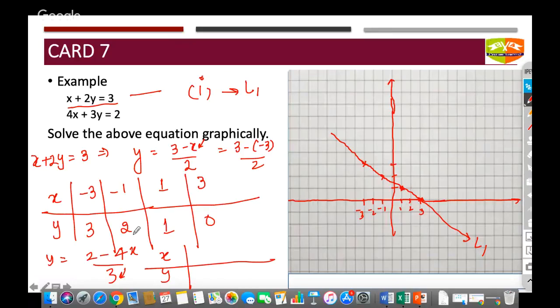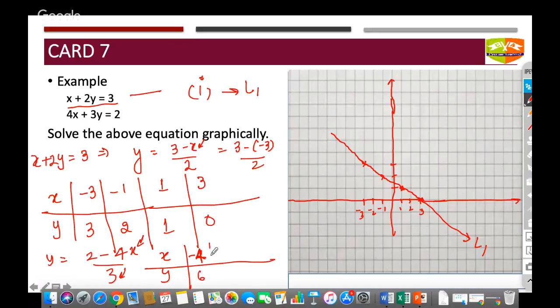So what I'll put here is x is equal to -4. If I put x is equal to -4, this becomes -4 into -4, 16, plus 2, 18, divided by 3.